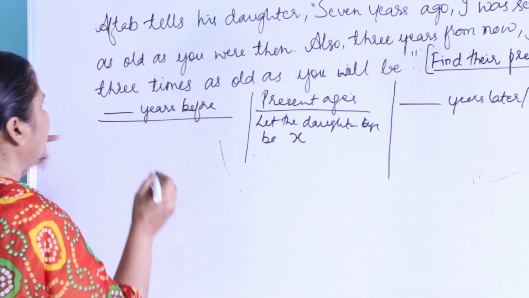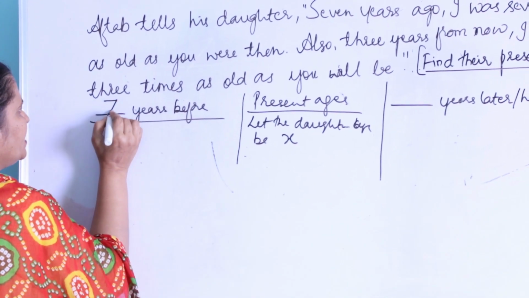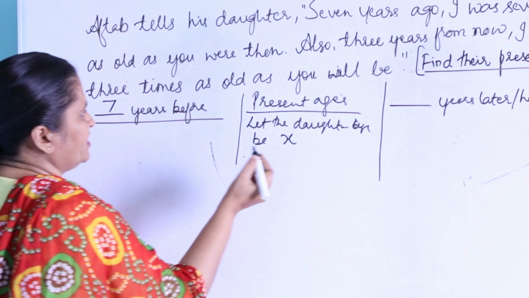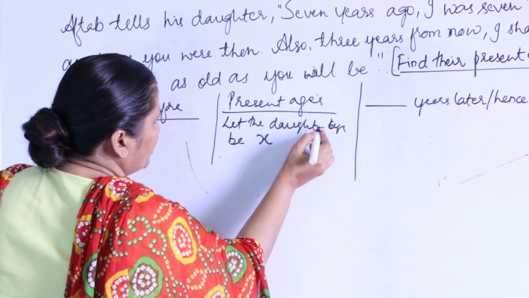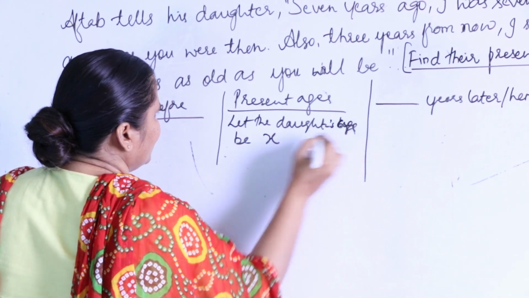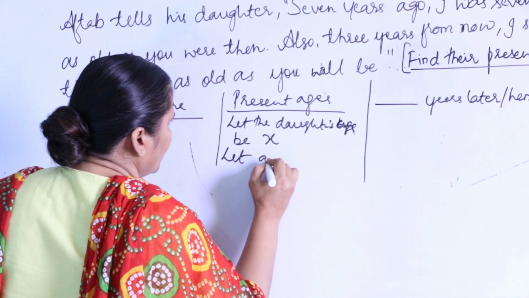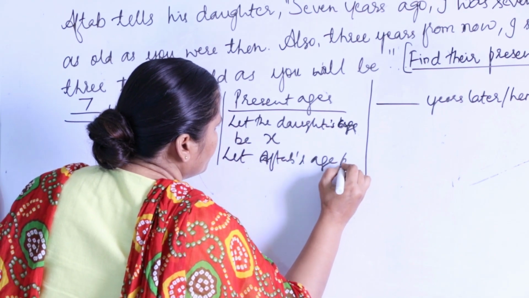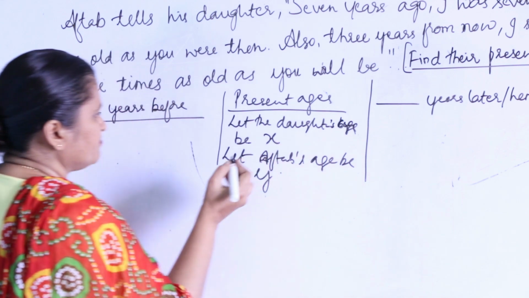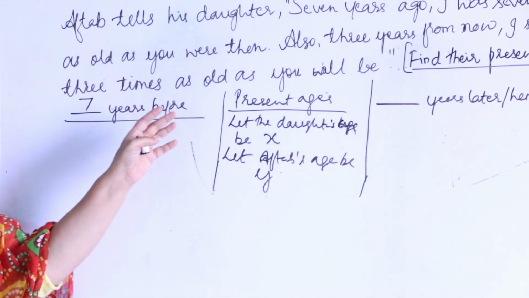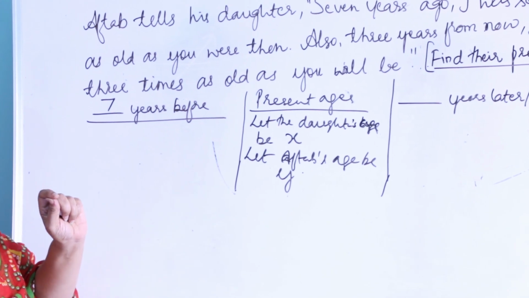So our column here in this blank, what do we get? 7 years ago. Then here, let the daughter's age be x. Let Aftab's age be y. Simple. Daughter's age x, Aftab's age y.